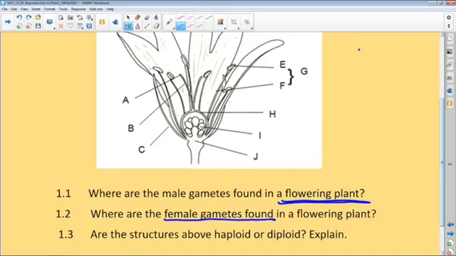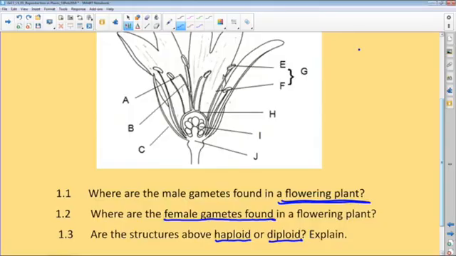Last one, are the structures above haploid or diploid? And explain. One more time: where are the male gametes found in the flowering plant? Where are the female gametes found? And last one, are those parts haploid or diploid?